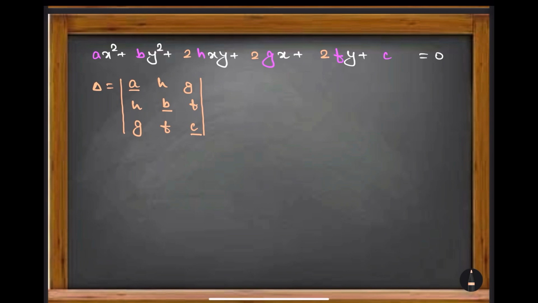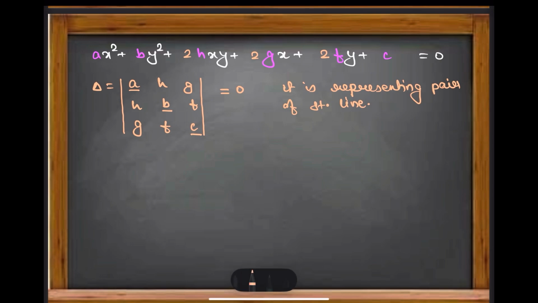Suppose that the determinant comes out to be 0, then it is representing a pair of straight lines.